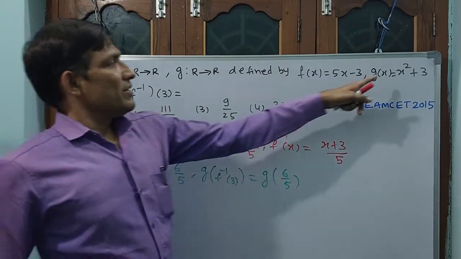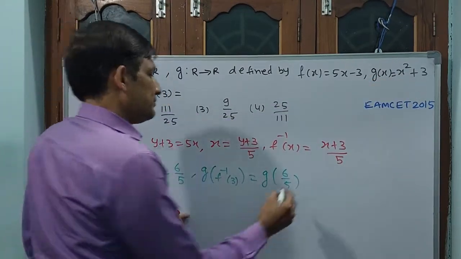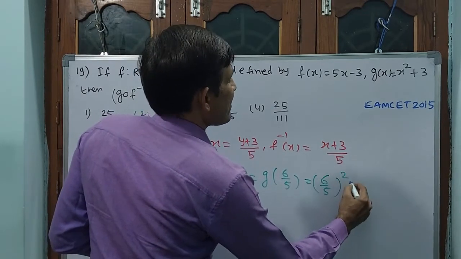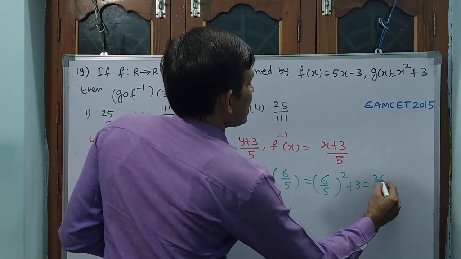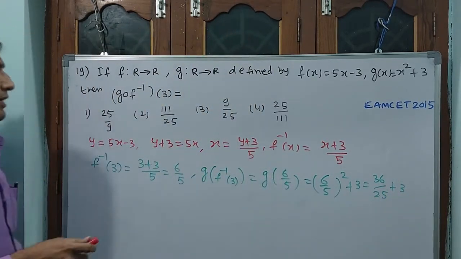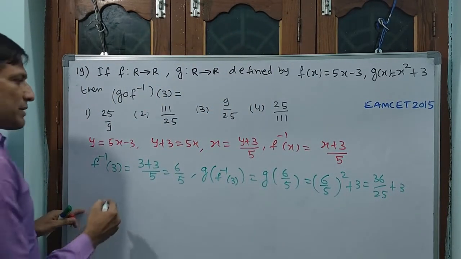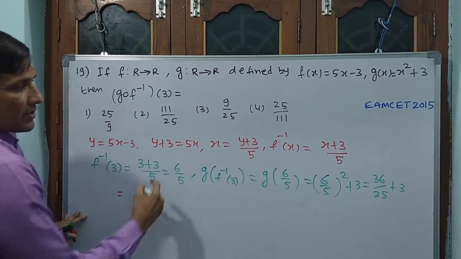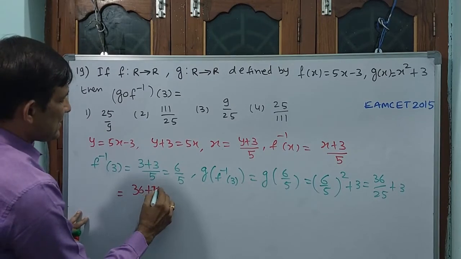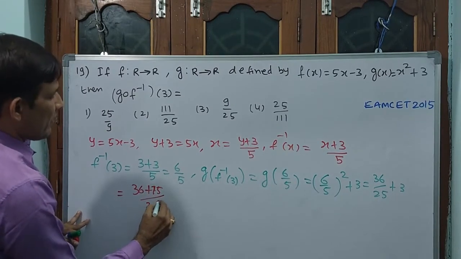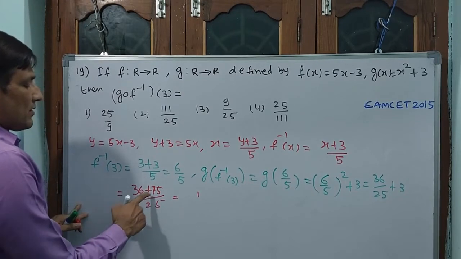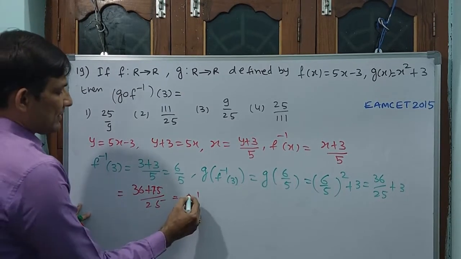What is g? x square plus 3. So 6 by 5 whole square plus 3, that is 36 by 25 plus 3. Cross multiply: 36 plus 75 by 25, that is 111 by 25.